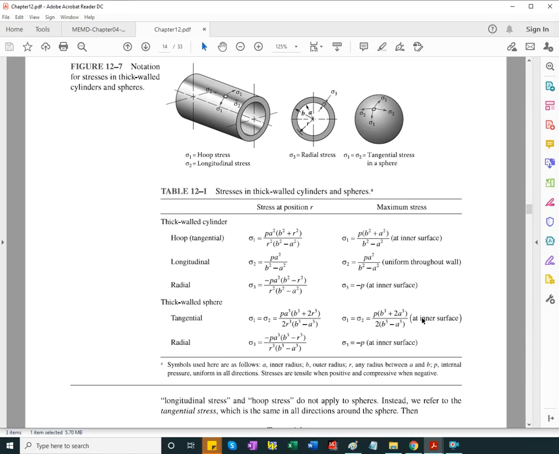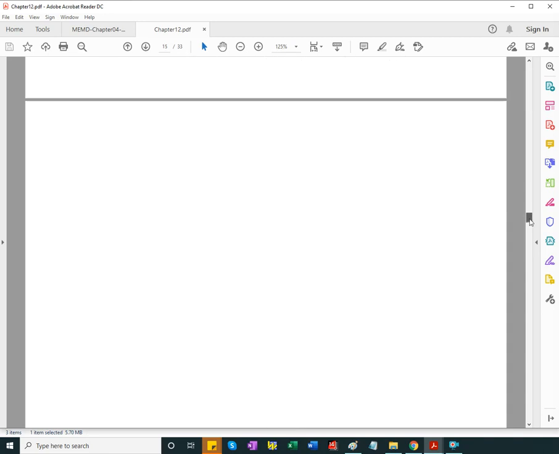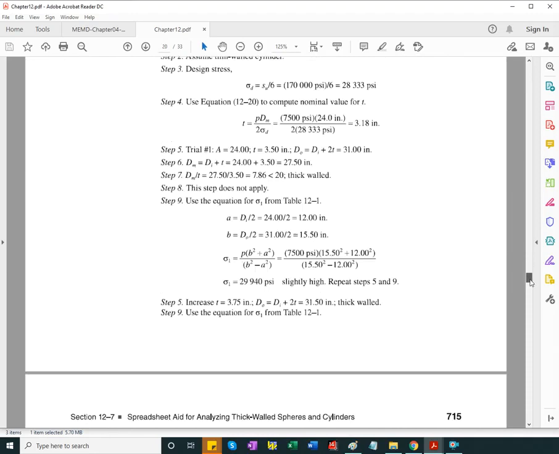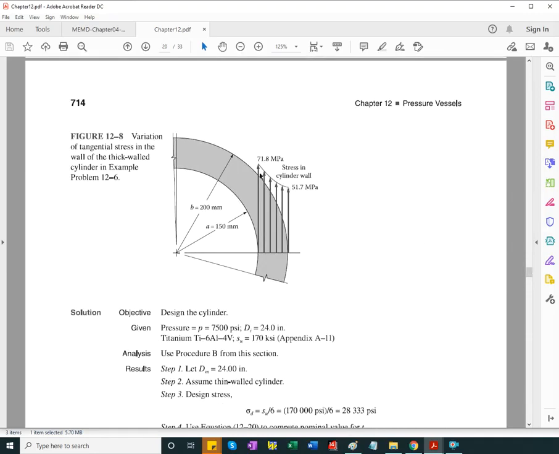If you use the thin wall equations with thick wall cylinders or spheres, again, because we have substantial changes in stresses as we move along the radius. Okay, so this is about it. I'm going to use the document camera to go over some numerical problems together with you.